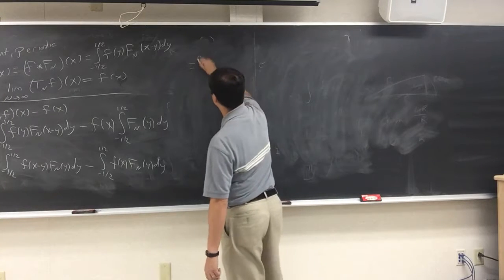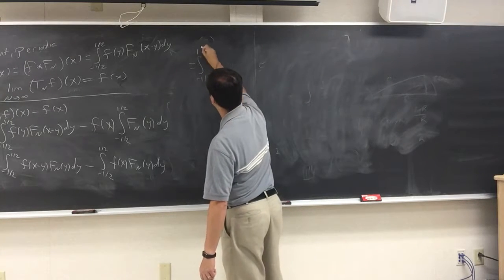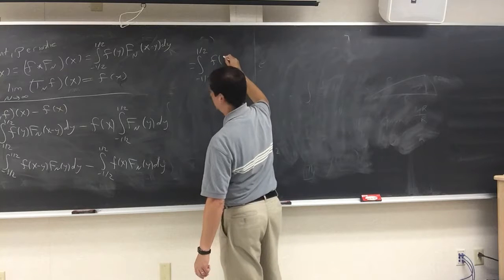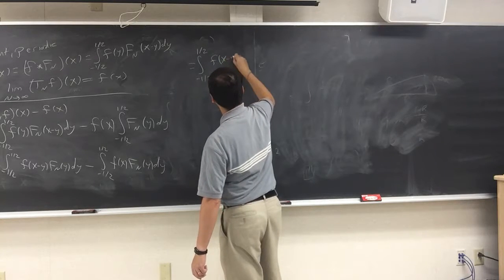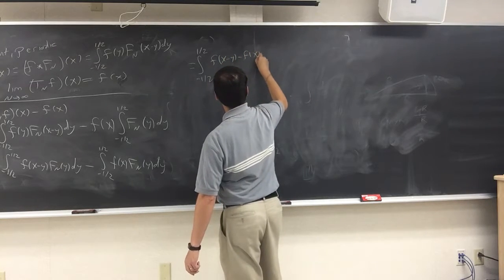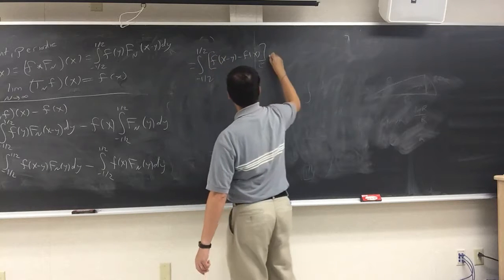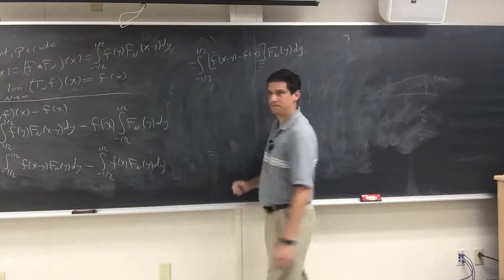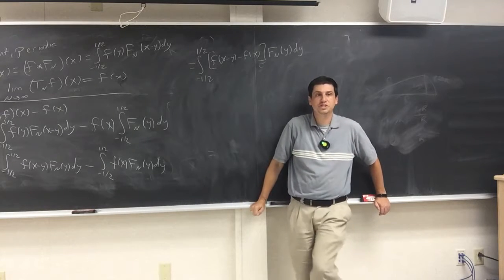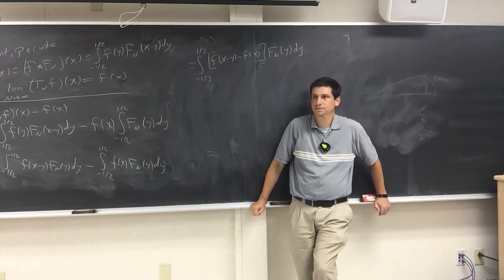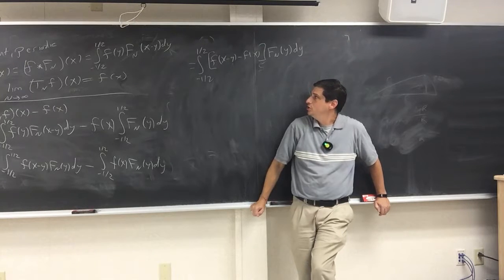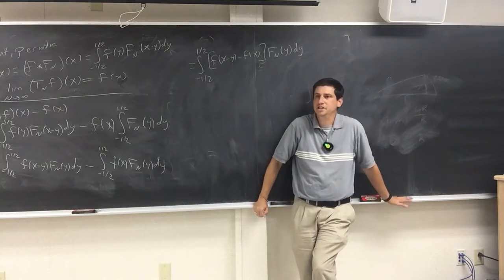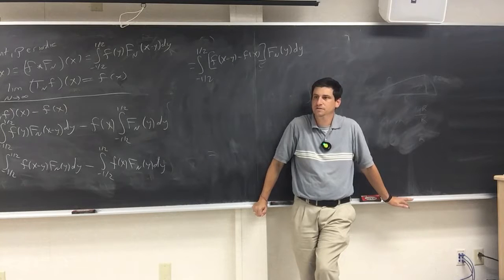So I now get the integral from minus a half to a half of f of x minus y minus f of x, times fn of y dy. And I want to show that this goes to 0. Okay? So which values of y are easy to understand the integrand?